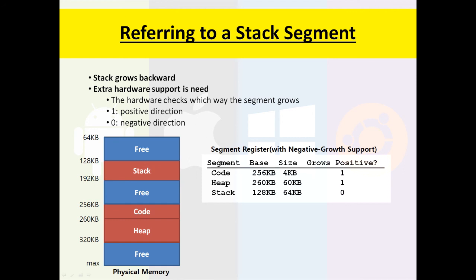And here you can see in this grows positive field, it's 1 and 1, and then a 0 for the stack. So when the heap gets bigger, the heap will grow downwards. The stack will get bigger upwards, so it will eat into this free space hypothetically.